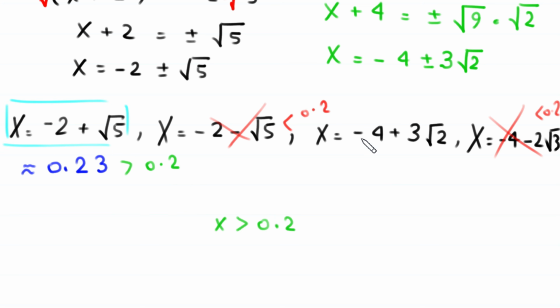And this negative 4 plus 3 times root 2 is approximately equal to 0.24, which is also greater than 0.2. So this also is a valid solution. So we have two valid solutions for this equation: negative 2 plus root 5 and negative 4 plus 3 times root 2.